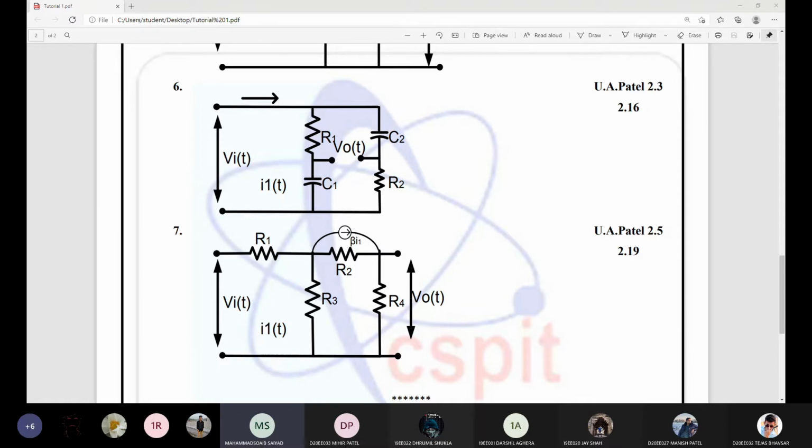We will convert this time domain circuit into the Laplace domain circuit, so I'm drawing the circuit again.